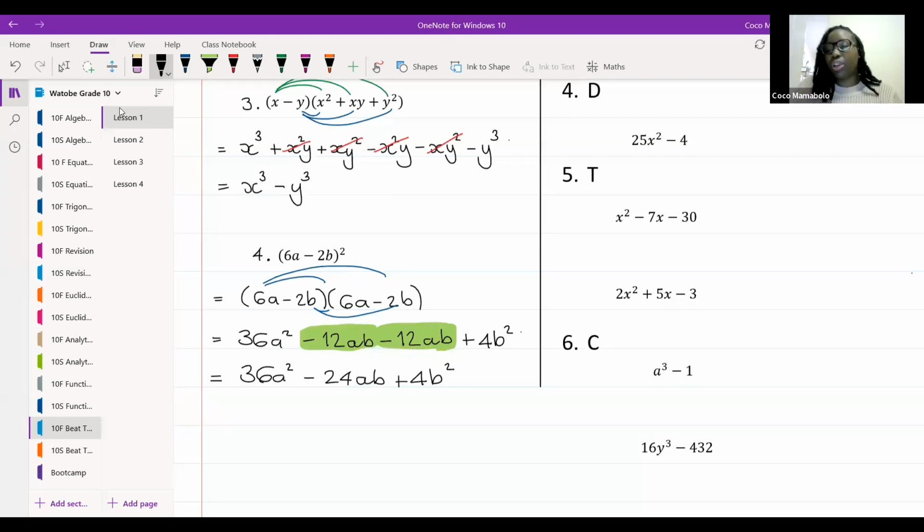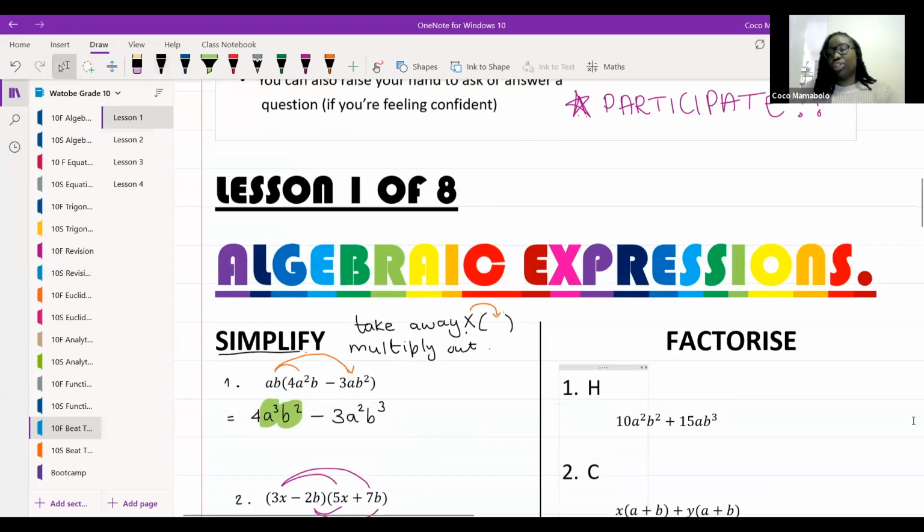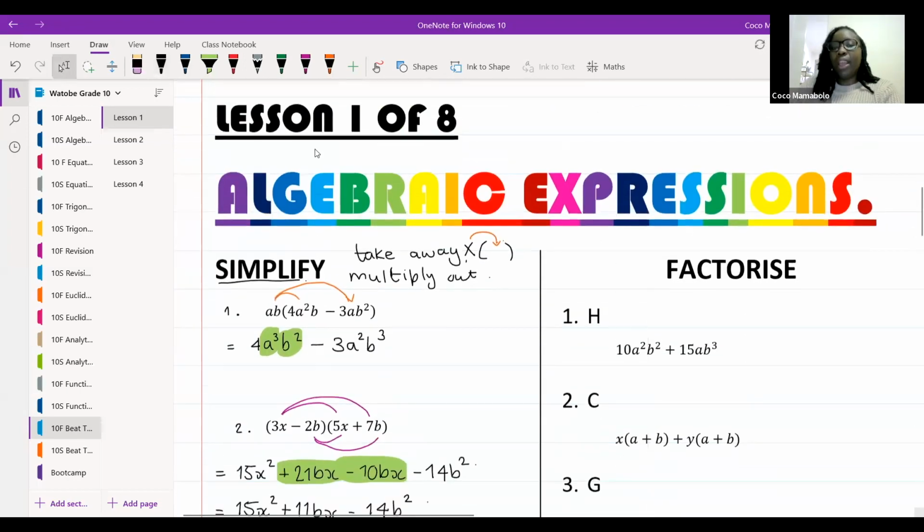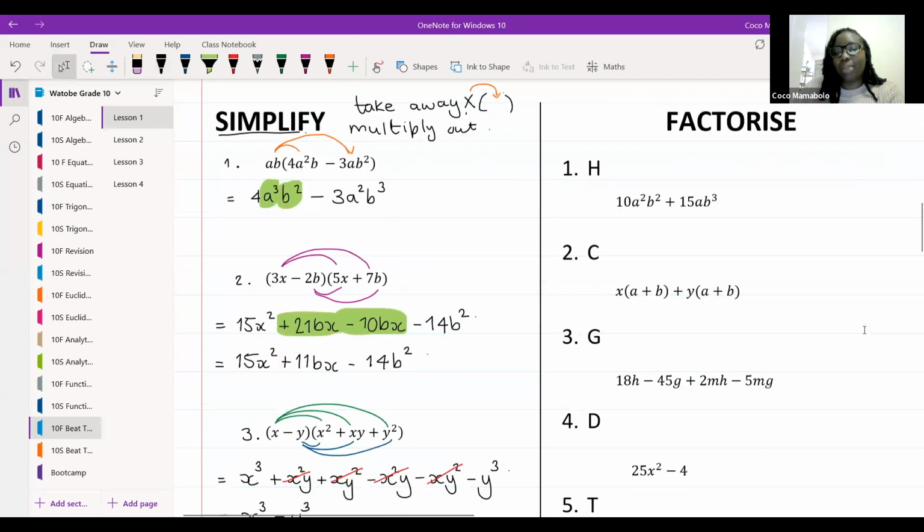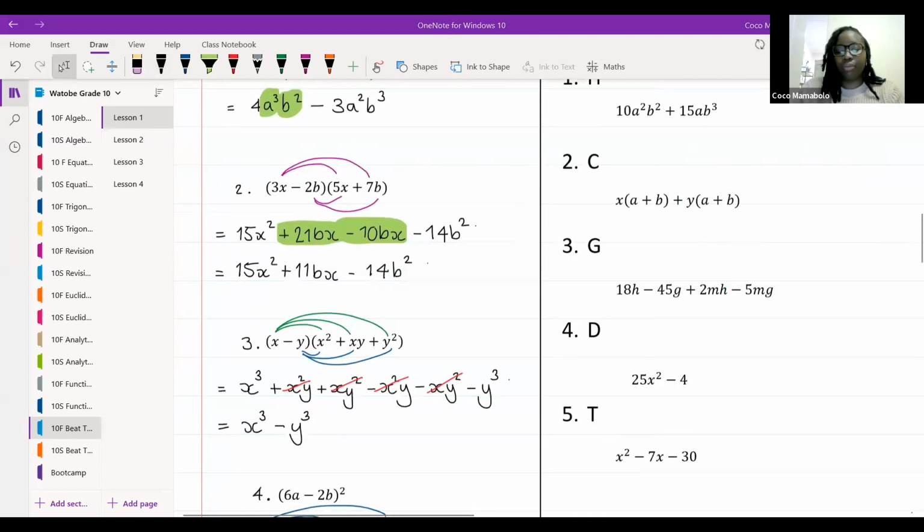Okay. We're now going to talk about factorization. Let's talk about factorization, guys. Now, I want us to note that whenever we are factorizing, we're only ever going to look at these types of factorization.